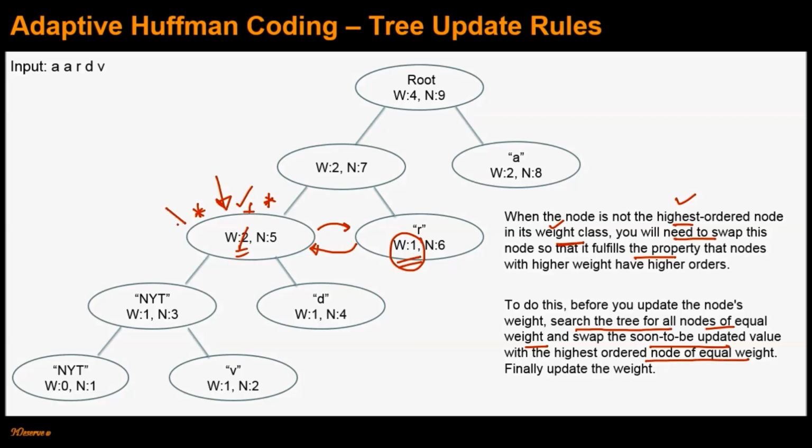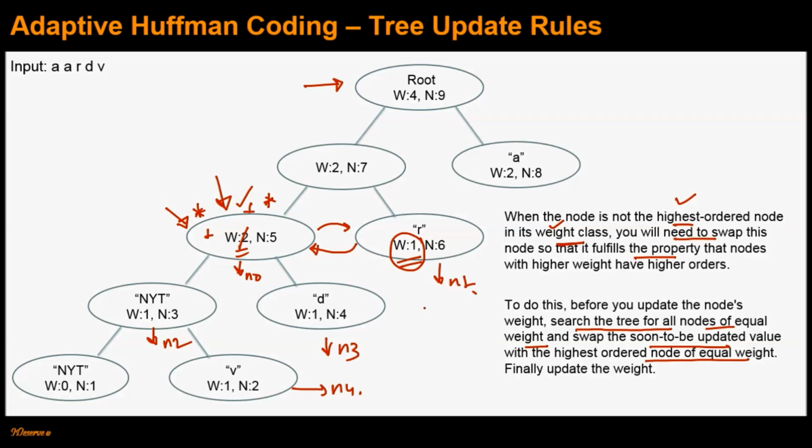So before updating the weight of this node, its weight is 1. We search this particular tree for all nodes which have weight as 1. So I'll call this as, say, node n0, this as node n1, then this as n2, n3 and n4. So there are 5 nodes which have weight of 1.